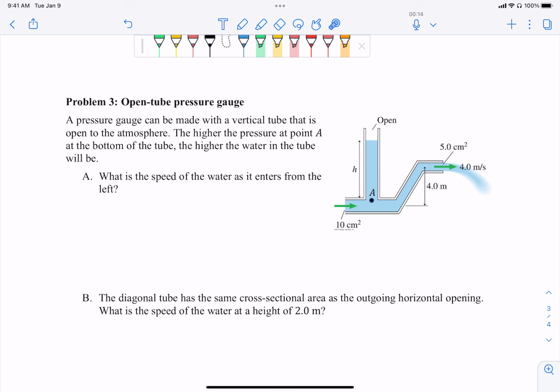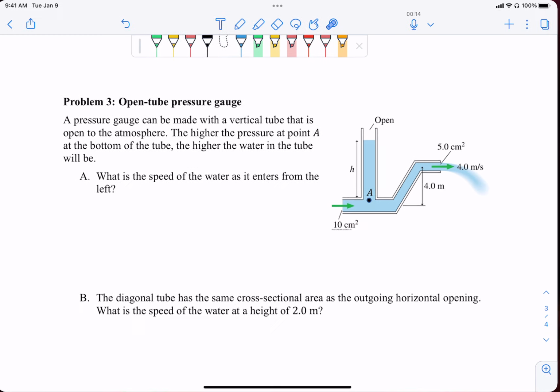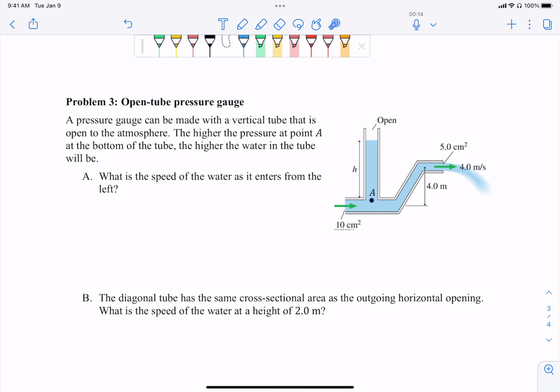And this cross-sectional area is 5 centimeters squared with a speed of 4 meters per second. Well, if we think about it, this speed multiplied by this cross-sectional area is going back to the flow like we said before.